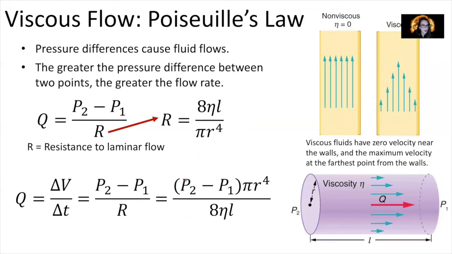And that's right here. So the flow rate of a viscous fluid is dependent on a change in pressure between 2 points and some quantities that have to do with how viscous it is and what sort of geometry you are moving that fluid through.